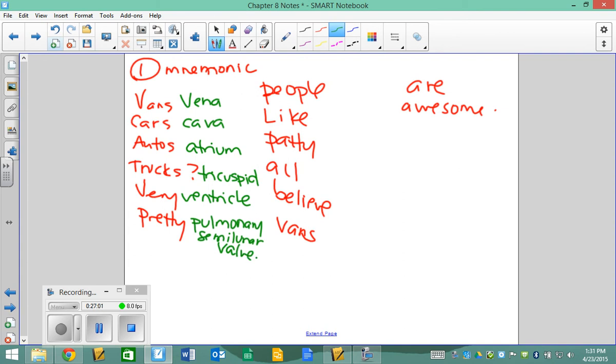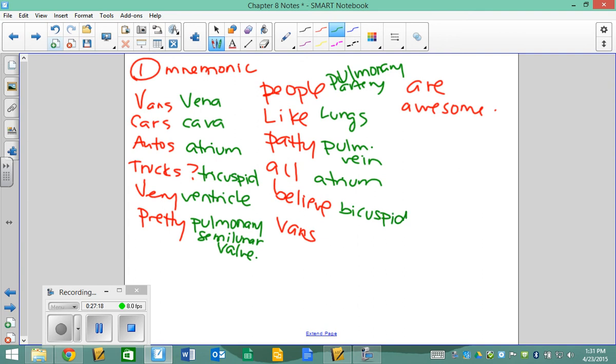The second P is for pulmonary artery. Then lungs. Then pulmonary vein. Another atrium. Bicuspid valve, another ventricle, then the aortic semilunar valve, and the aorta.